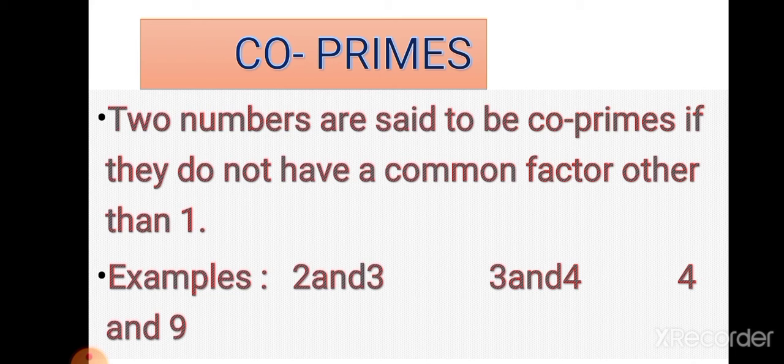Co-primes. Two numbers are said to be co-primes if they do not have a common factor other than 1. See 2 and 3. The factors of 2 are 1 and 2, and the factors of 3 are 1 and 3, and the only common factor is 1.